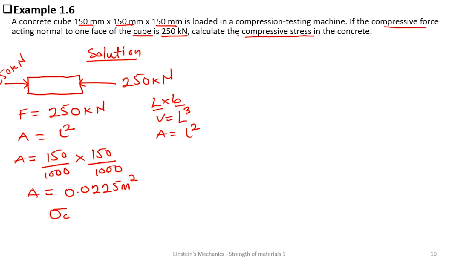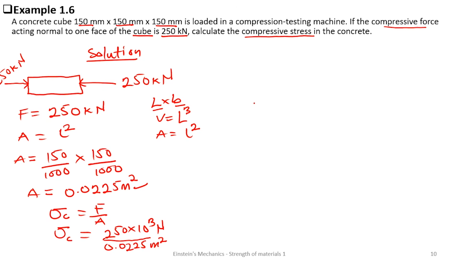So the compressive stress, remember, calculate the compressive stress. Stress compressive should be equal to the force over the area, which is 250 times 10 to the power 3 over the area, which we just saw is 0.0225. This is newtons, this is meter square.